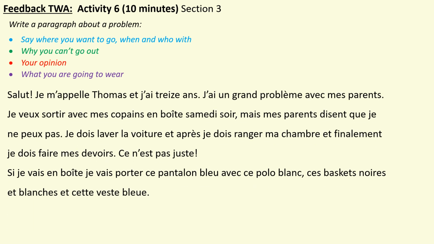So here's my model paragraph that addresses all of the 4 different bullet points. What I want you to do is to copy down in your book the 4 criteria, the 4 bullet points, and then write down the model paragraph. And then I want you to highlight in 4 different colours each of the different bullet points in this text. So pause to do that now and press play and we'll go through the answers.